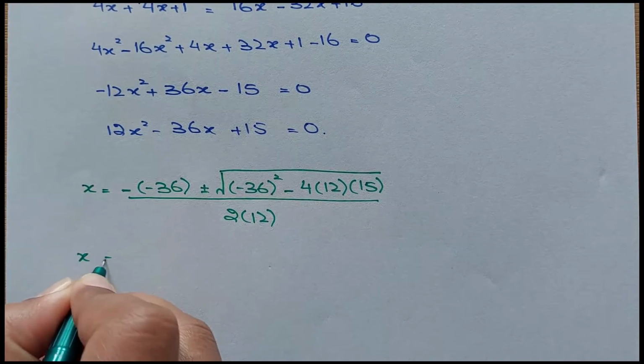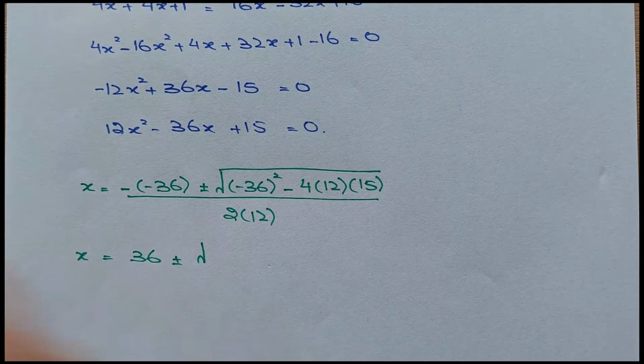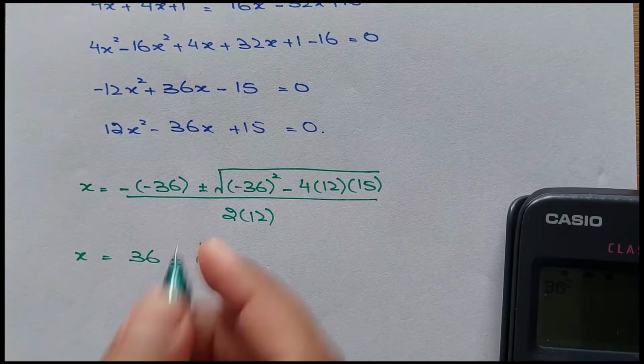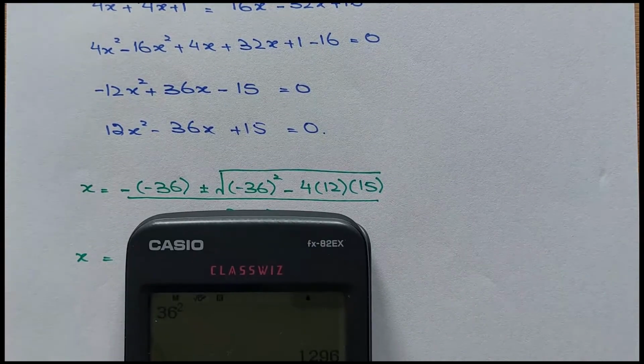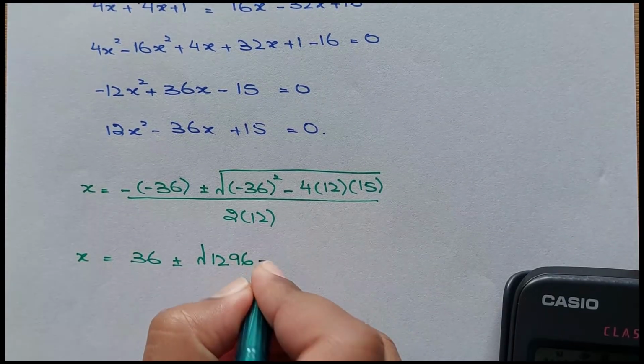So x equals negative times negative is positive 36, plus minus square root of 36 square, 1296, and we have 4 times 12 times 15, which is minus 720.